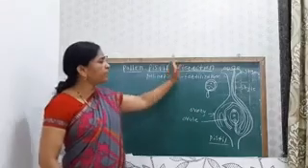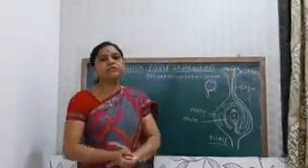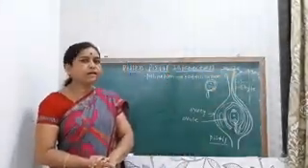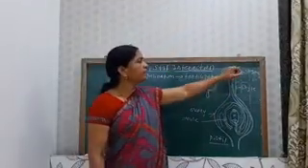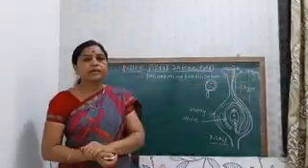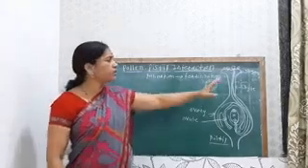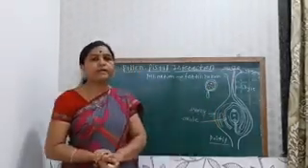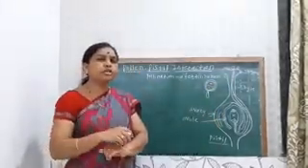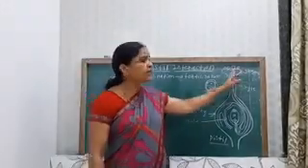When the pollen grain falls on the stigma, pollen germination takes place. The pollen grain absorbs chemicals present on the stigma, water and nutrients also, and germinates to produce the pollen tube.